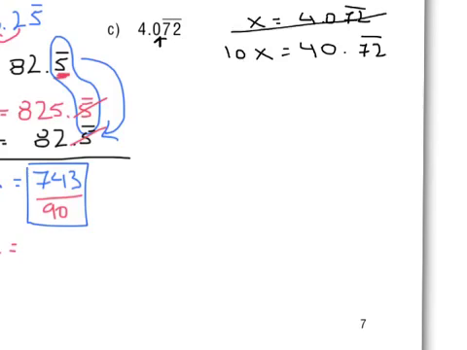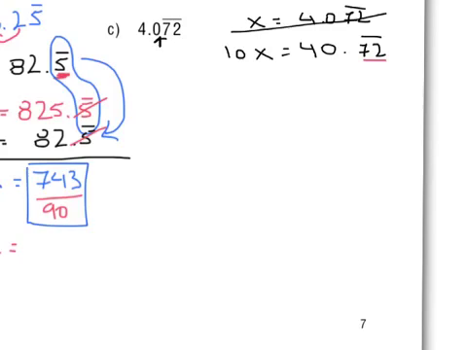Okay, now I'm just working with the bottom one here, and my next step is to get the repeating part to the left side of the decimal. And in order to do that, it's 2 decimal places, so I need to multiply by 100.